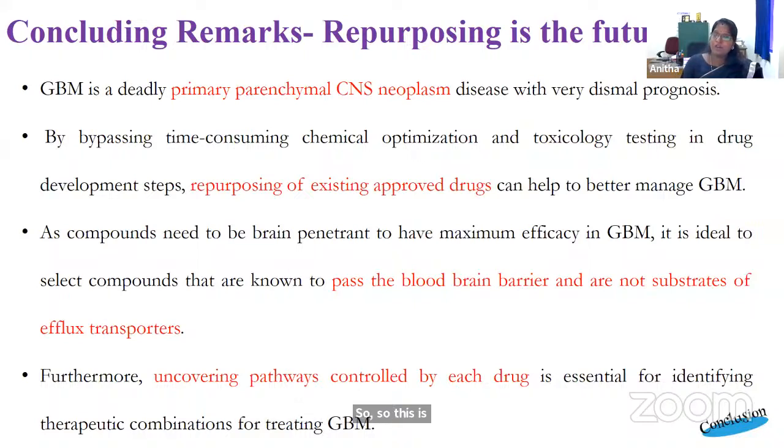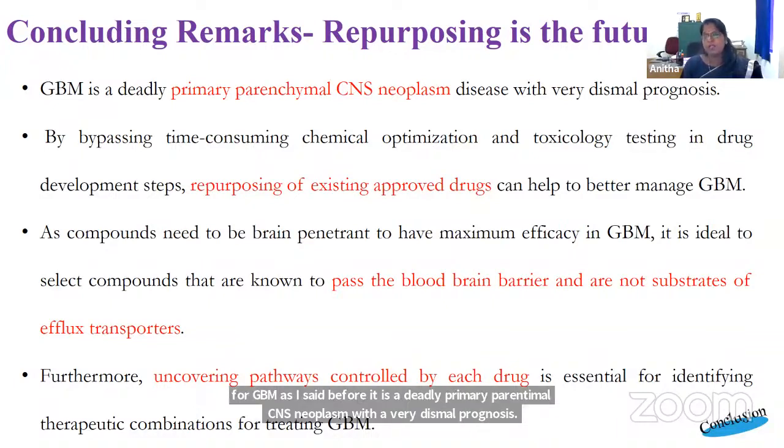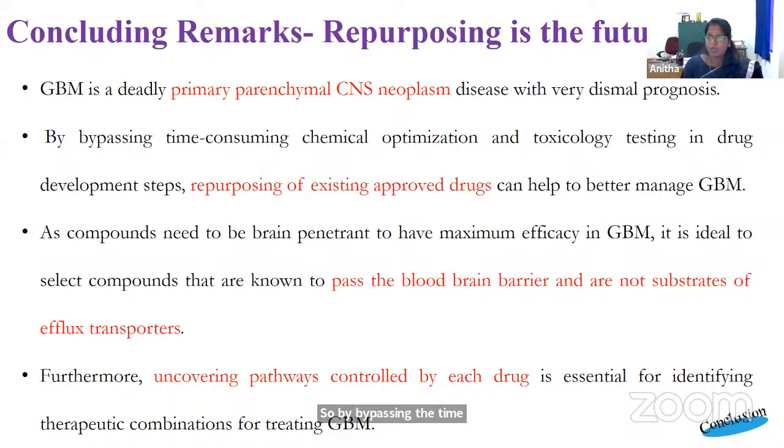So my concluding remark for this repurposing strategy, which is going to be the future now. GBM, as I said before, is a deadly primary parenchymal CNS neoplasm with a very dismal prognosis. By bypassing the time-consuming chemical optimization and toxicology testing steps in drug development, repurposing of existing approved drugs can help us to better manage any tumors, including GBM.